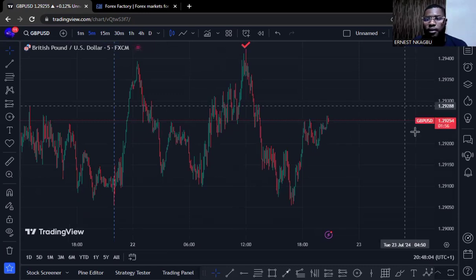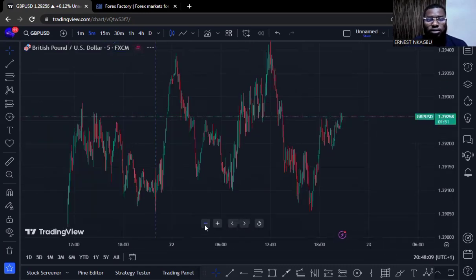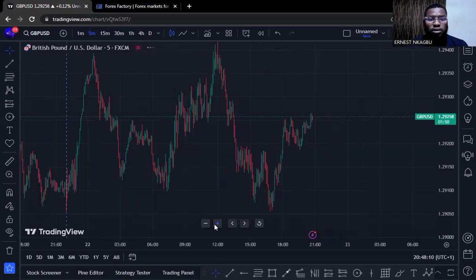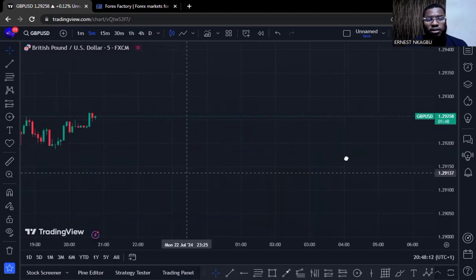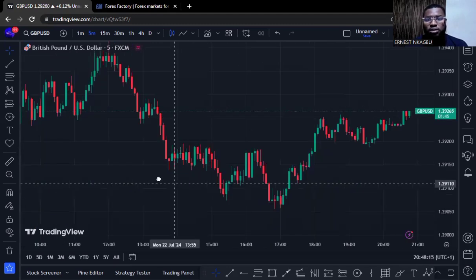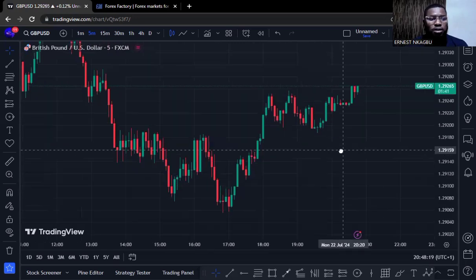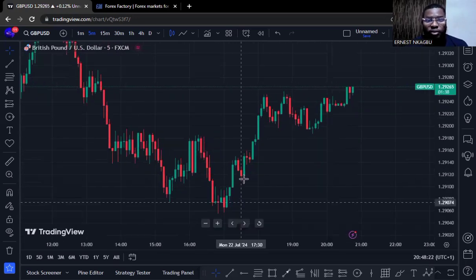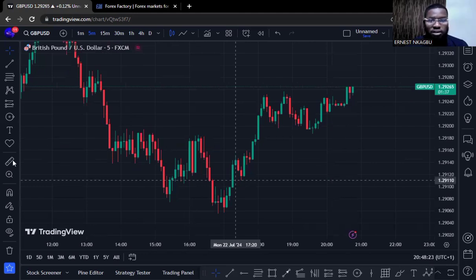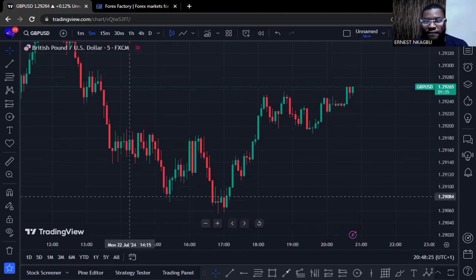So let me just make this wider. Let me say I buy.